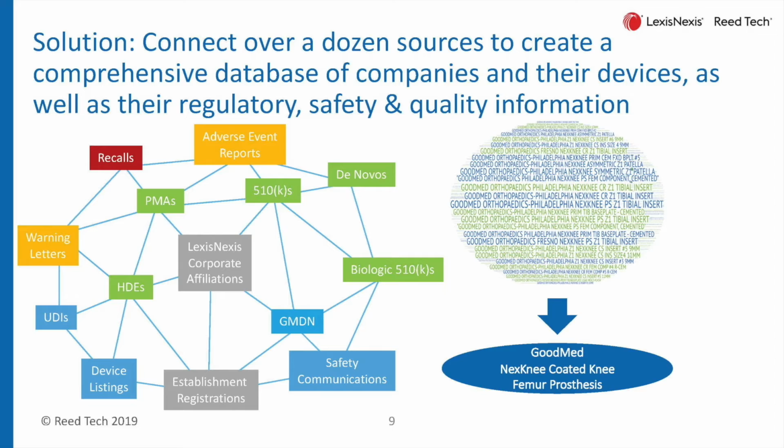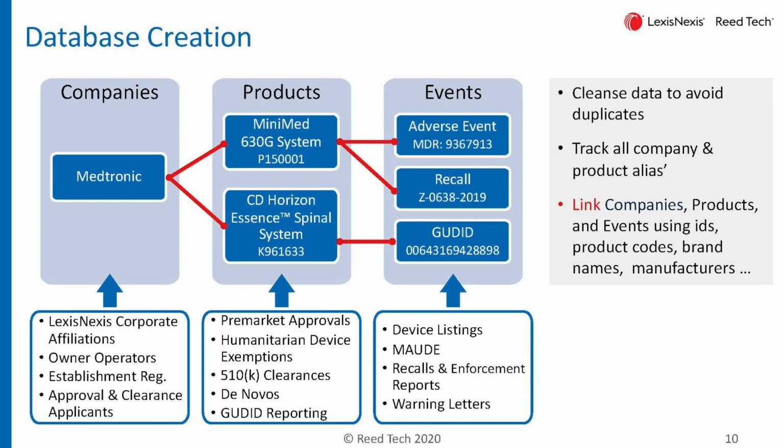The word cloud on the right shows how many variations on a single product name and manufacturer are possible. This actual example is modeled after actual variations of a real product that we observed in MAUDE. So the next slide here, we'll get into how we went about creating this database.